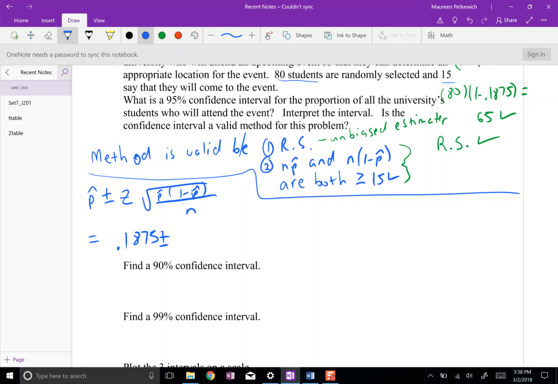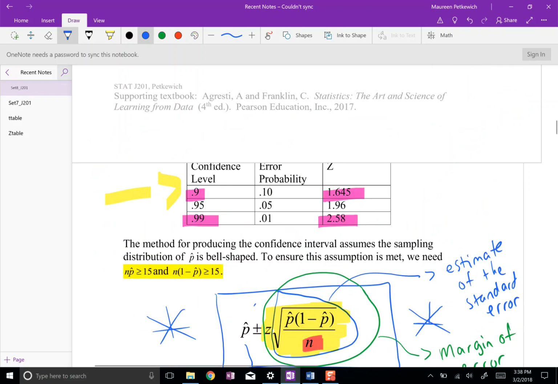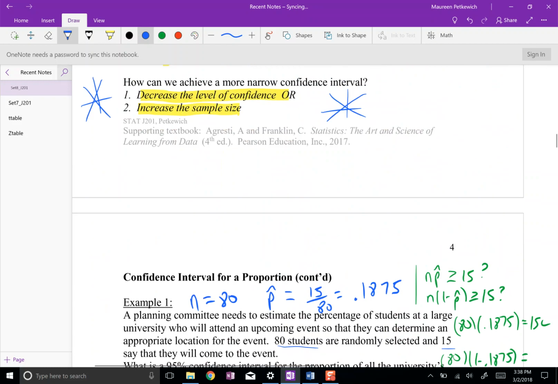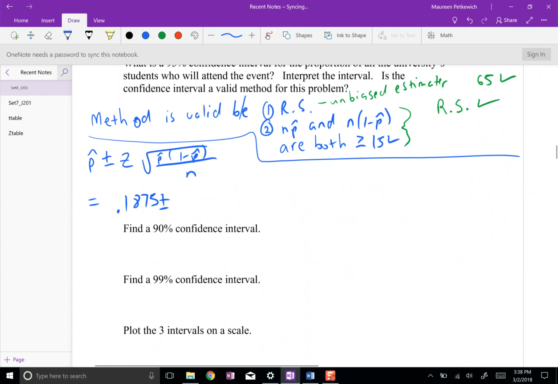And to find that z-score, you're always just going to use these values in the table. You can just get to where you have those memorized. You use 1.96 for a 95% confidence interval, 1.645 for a 90% confidence interval, 2.58 for a 99% confidence interval. Those are always going to be the same when you're in the proportion setting.